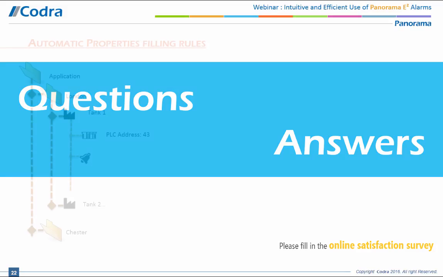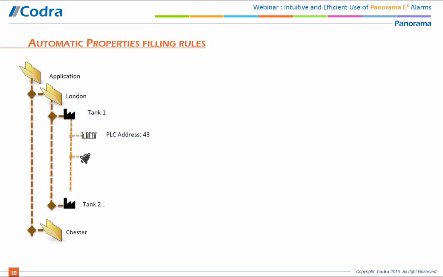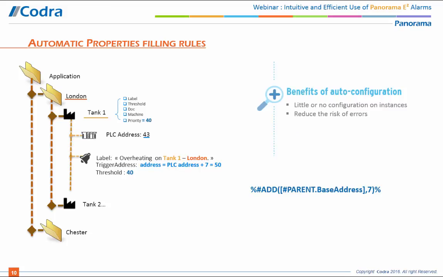I just want to give a precision about features. You can use this application with a previous version of Panorama E². The only thing which is not available is this operation function, adding like this some of the advanced references rules. Everything else is available in previous versions of Panorama E².